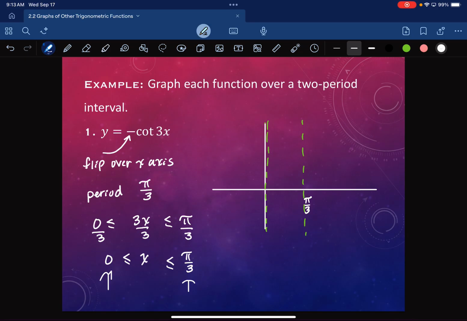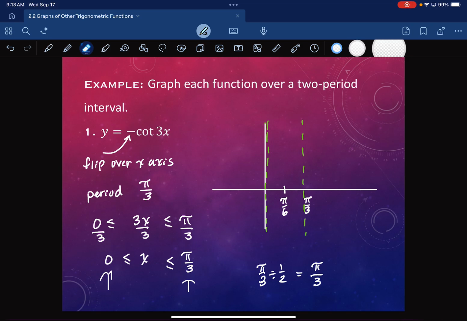We're just going to do one period first. We need to split that interval in half. So what is halfway between 0 and pi over 3? Pi over 6. Very good. So if you're not sure where that came from, we took pi over 3 and we divided it by 2, which is the same as pi over 3 times 1/2, or pi over 6.